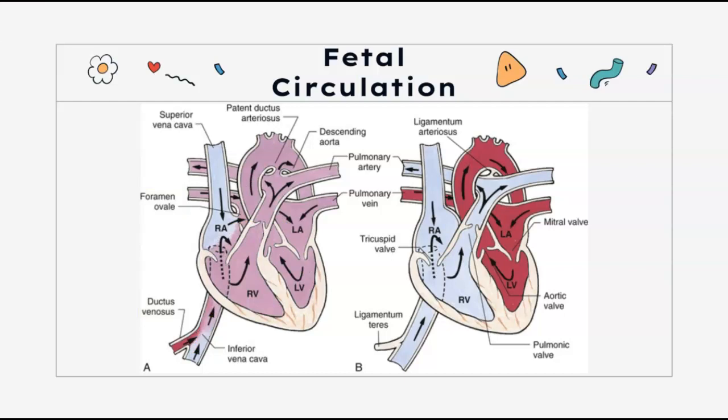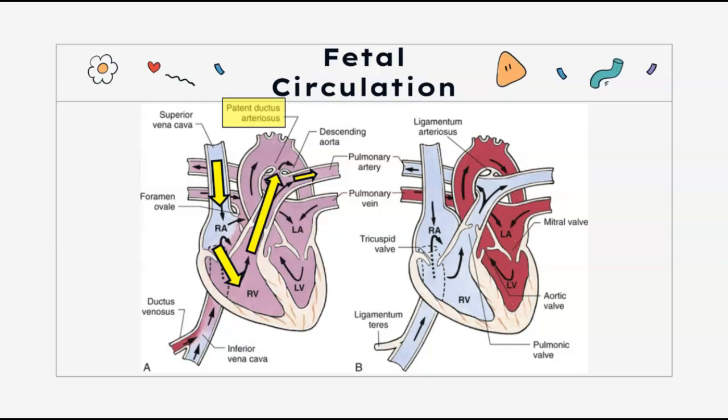Blood from the superior vena cava is directed downward through the tricuspid valve into the right ventricle. Blood in the right ventricle is pumped through the pulmonary artery, where the major portion is shunted to the descending aorta via the ductus arteriosus.